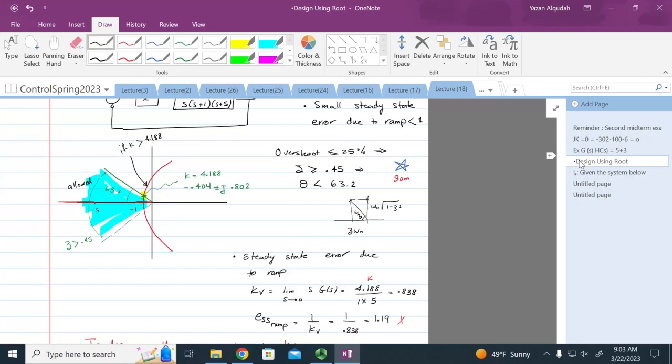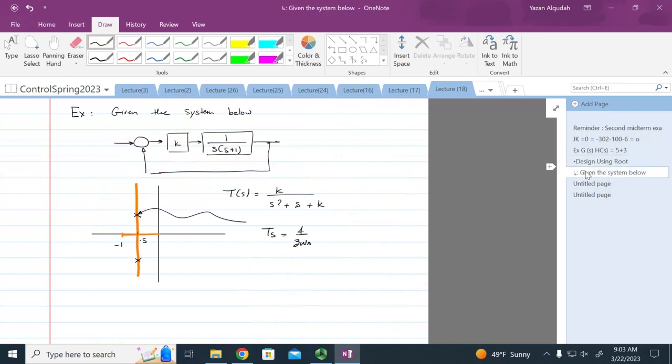The real part of the pole location is zeta omega n. So going back here, what is the real part of the location going to equal to? 0.5. So this settling time is going to be 4 divided by 0.5, which is going to equal 8 seconds.